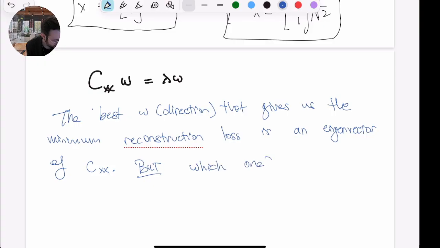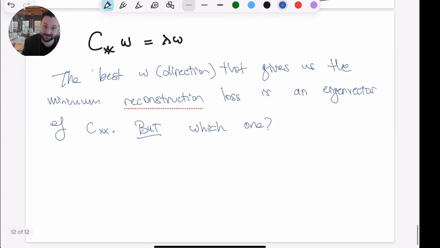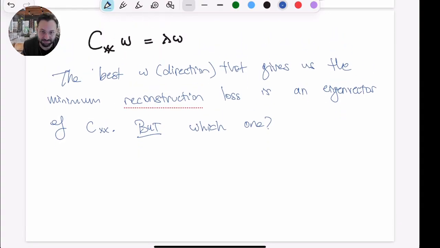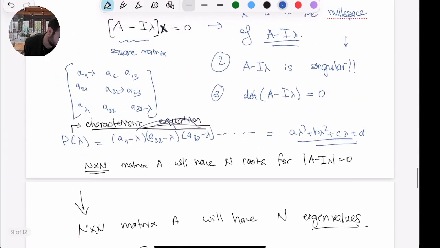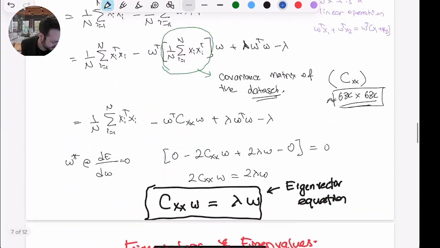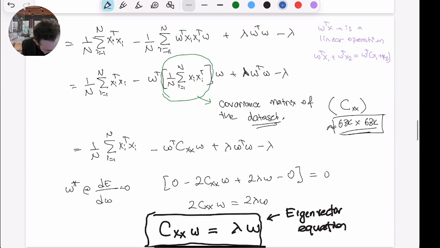Which eigenvector? Because we saw recently that there are n, like 63,000 eigenvectors, 63,000 eigenvalues, like which one? So in order to answer that, since I know this is the eigenvector, I'm going to copy, where's my copy tool? I'm going to copy our error.